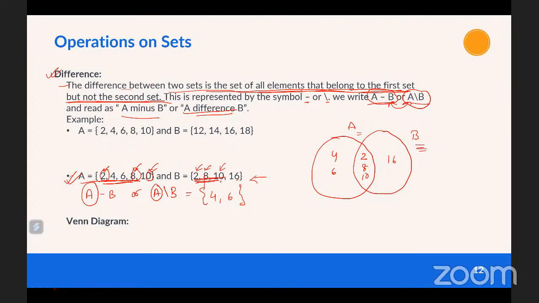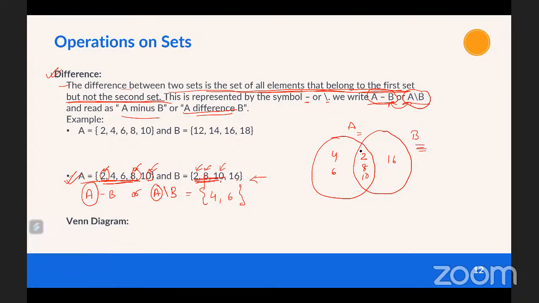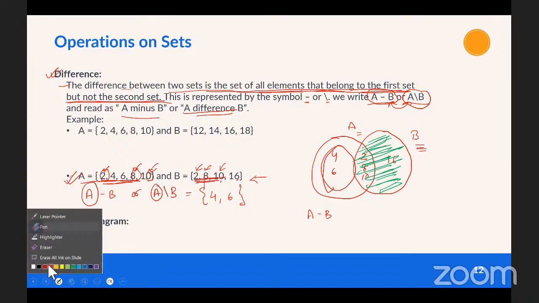So we are removing, let me change the color so that you can see what is happening. We are removing this set from the set A. We are removing it. So we will remove these elements from the set A and we will get A difference B. A difference B. So these elements which are there, I should not do this. Let me erase it.